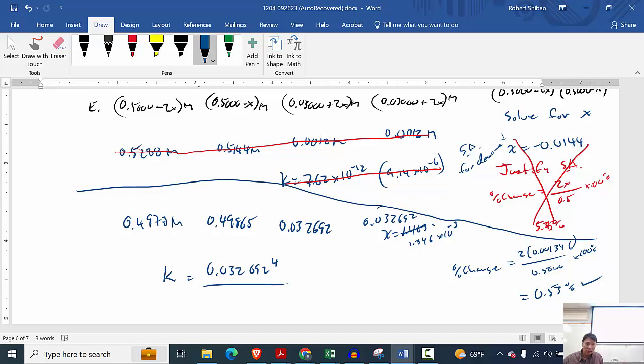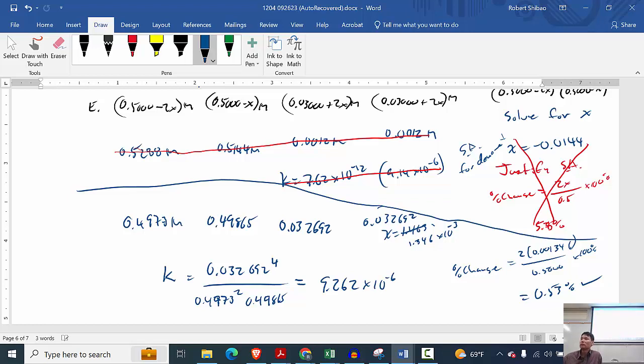And then we'll divide it by 0.49865. And this comes out to 9.262 times 10 to the minus 6.